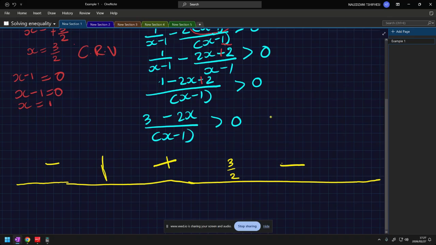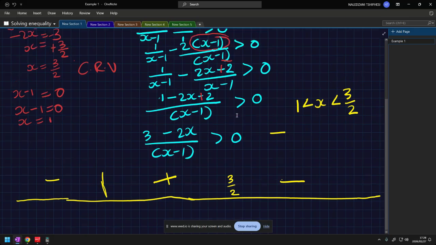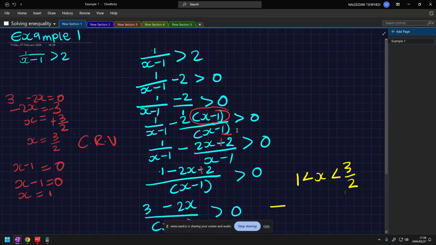So x needs to be greater than 1. 1 must not be included, because if it is 1, it's going to be 0, and then 1 minus 1 is going to give us no solution, right? And it must be less than 3 over 2. That's where our solution for that inequality actually lies, right?